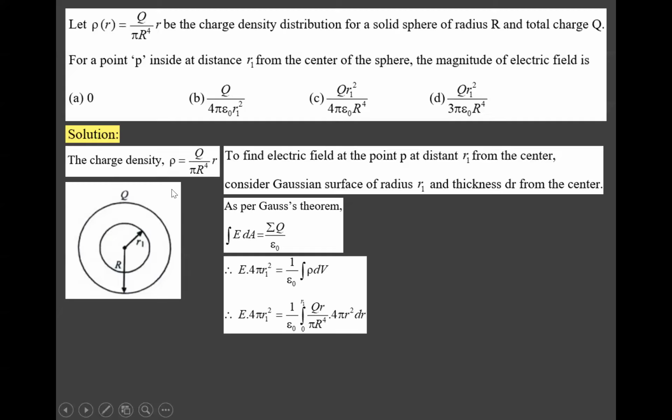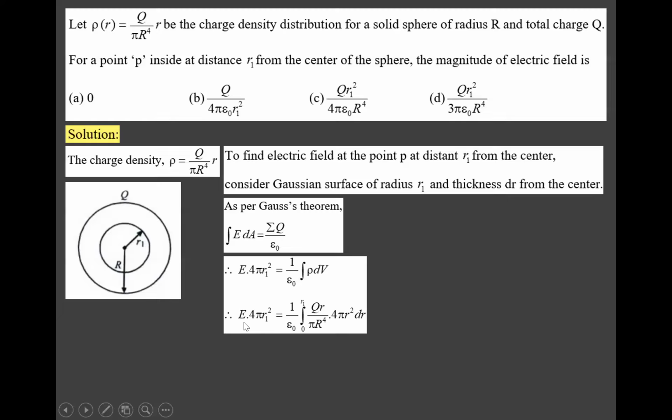So charge per unit volume is rho, so the charge in the volume of this Gaussian surface is integration rho dV, right? And this 1 upon epsilon 0 is taken outside the integration.